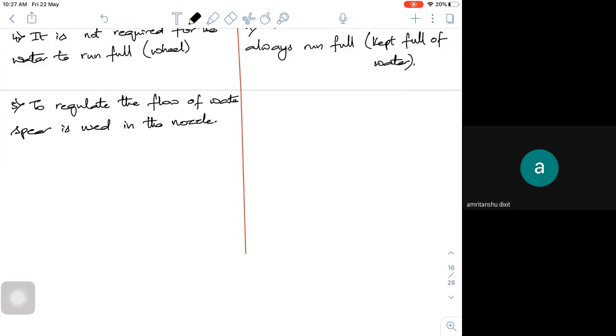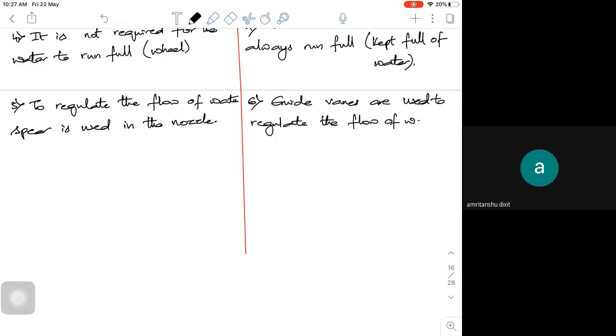So in case of a reaction turbine, guide vanes are used. Okay, let me write that. Guide vanes are used to regulate the flow of water.